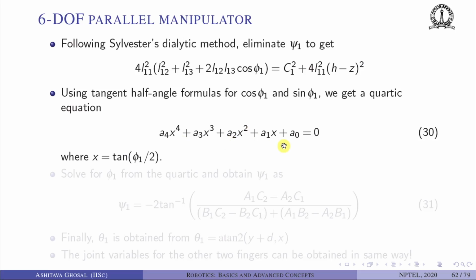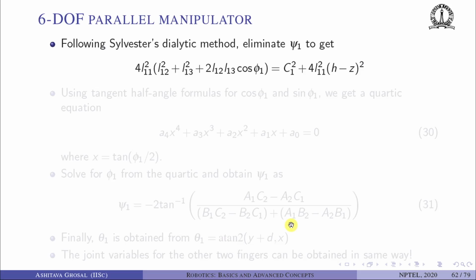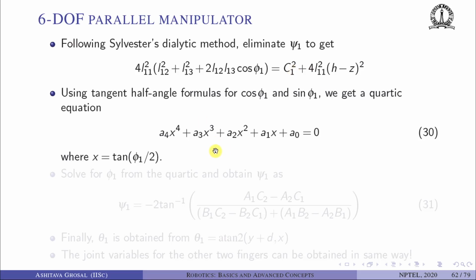Remember, C1 also had sin phi 1 and cosine phi 1. It looks like there is only cosine phi 1 here, but there is a cosine phi 1 square here. When you do the tangent half angle substitution, cosine phi 1 becomes 1 minus x squared divided by 1 plus x squared. So the square of that will give you a fourth degree, or quartic, equation in tan phi 1 by 2.